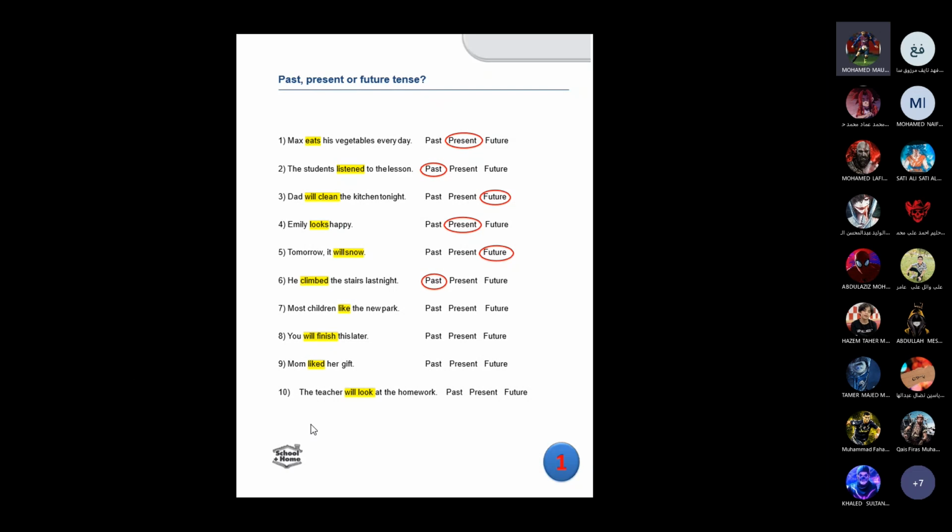Muhammad Muawiyah. Yes, number 7, Muhammad. Most children like the new park. What do you think? Present.